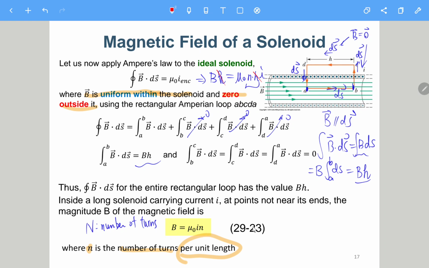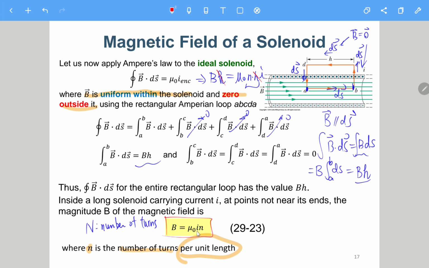So this is the final expression for the B field inside the solenoid. We assume that the B field is uniform inside, and this B equals mu 0 n I. Mu 0 is a constant, 4 pi times 10 to the negative 7th.